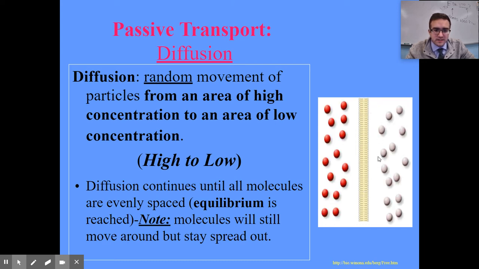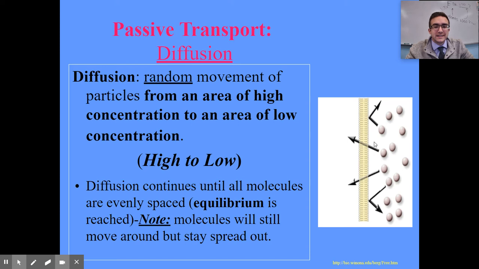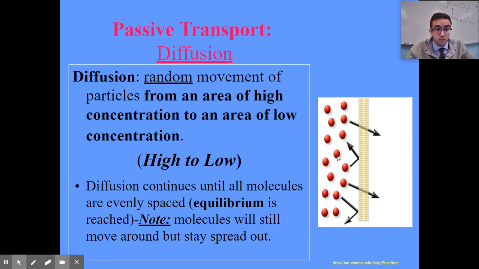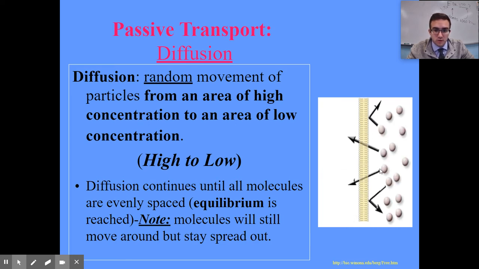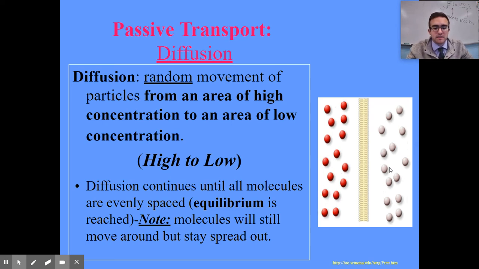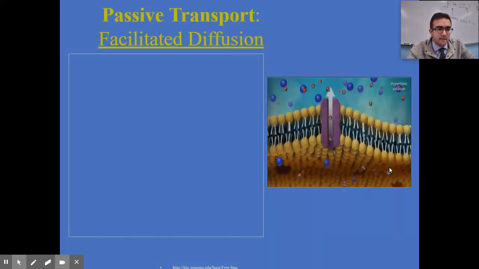Over time, as you can see, both of them pass through this membrane, this phospholipid bilayer, till they reach the same concentration on both sides. So diffusion is movement from high to low just through a phospholipid bilayer. It can occur with just one solute or with two or more solutes. Whatever it is, it's just going to keep going so there's an equilibrium on both sides of the membrane. So that's simple diffusion.